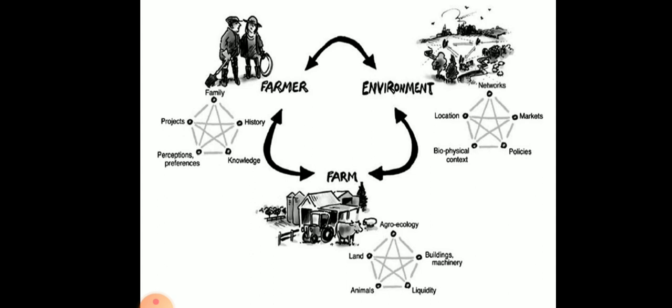So networks, ibig sabihin ng network ay ang kanyang pakikisalamuha sa komunidad, no? So we have here what we call community system agriculture or CSA that is needed for the farmer, and his partnership to other people, like farmer to farmer, or farmer to a politician, or farmer to the municipal agriculture's office, or farmer to an agriculturist, or any institution.